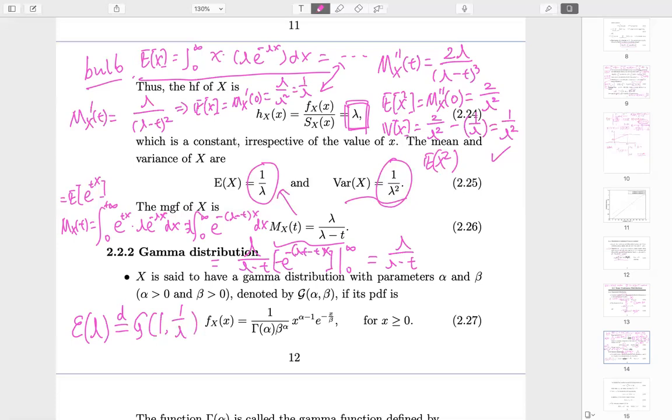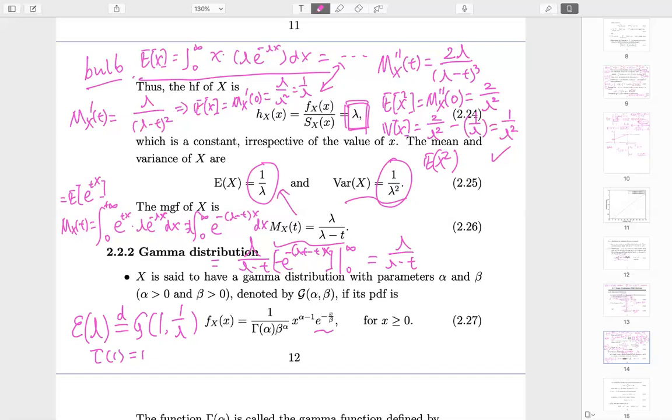You can check, by the way, gamma 1 is 1, so you can flip it, and it's lambda to the first, so it's lambda. The exponent 1 minus 1 is the zeroth order, which is 1, so this is e to the negative lambda x, exactly, it's exponential. So we can see exponential is a very special case of gamma distribution.